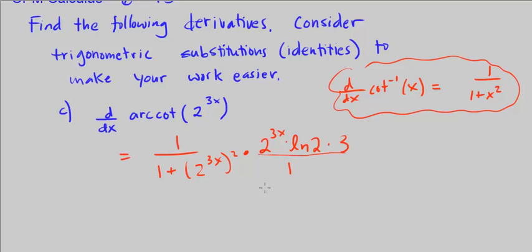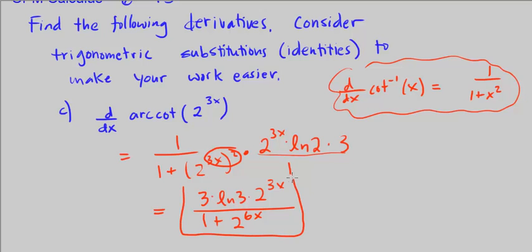This is all over 1, so we can simplify this to be, let's put 3 times ln of 2 in the front, times 2 to the 3x power, and put in 1 plus 2. Here we multiply this, 2 to the 6x. So there we go, and that is the derivative of arc cotangent of 2 to the 3x. That ends CPM Chapter 6 of Calculus number 93.